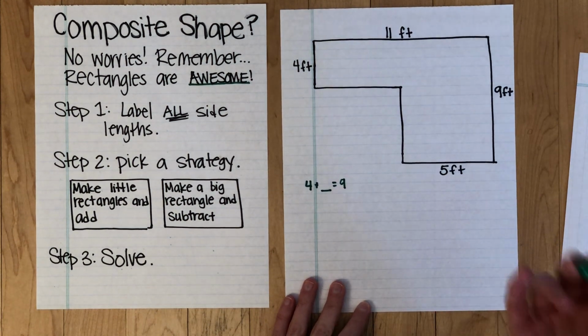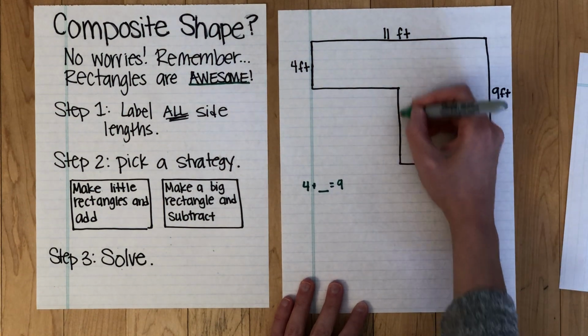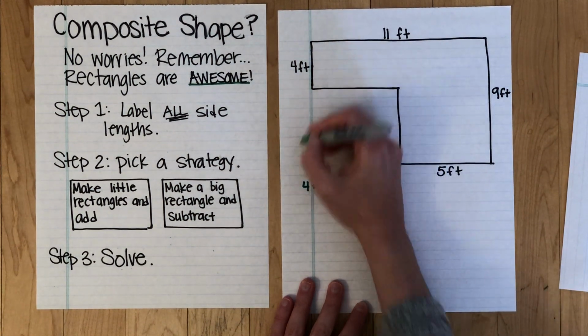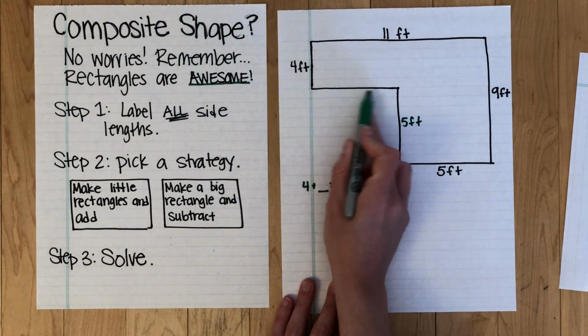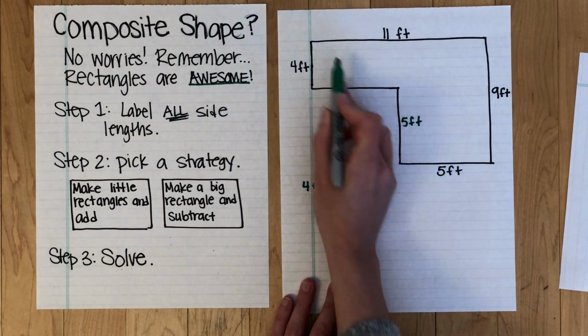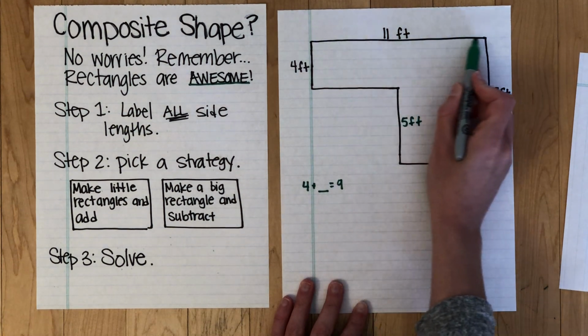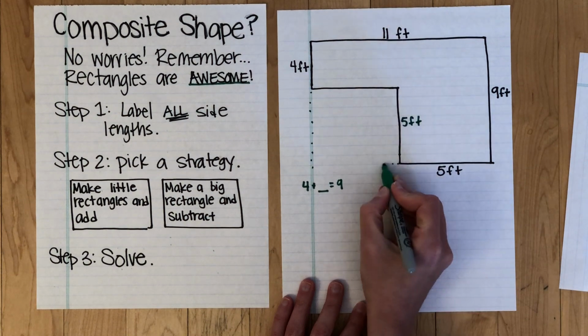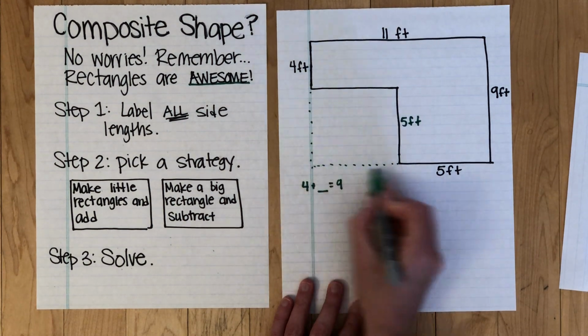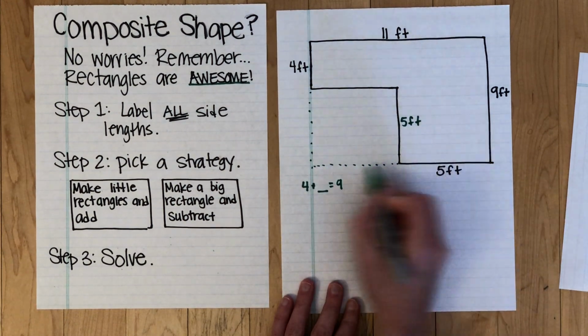Now you're probably saying 5 feet. So this section, this length right here, is 5 feet. How can we figure out this section? Well, I know that this is 11 feet, which means I kind of turn this into a big rectangle. This whole section is going to be 11 feet.